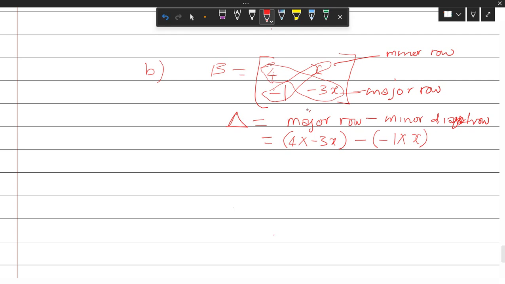First of all, you identify the major diagonal, like I've showed you, this one here, then the minor diagonal, this one. So you multiply the major diagonal, then subtract the minor diagonal.